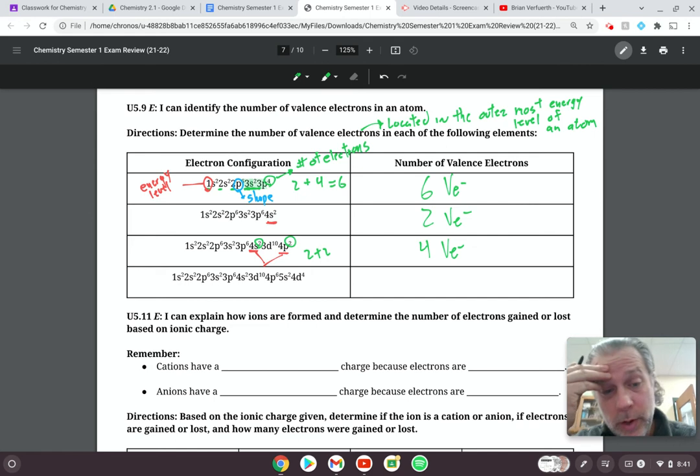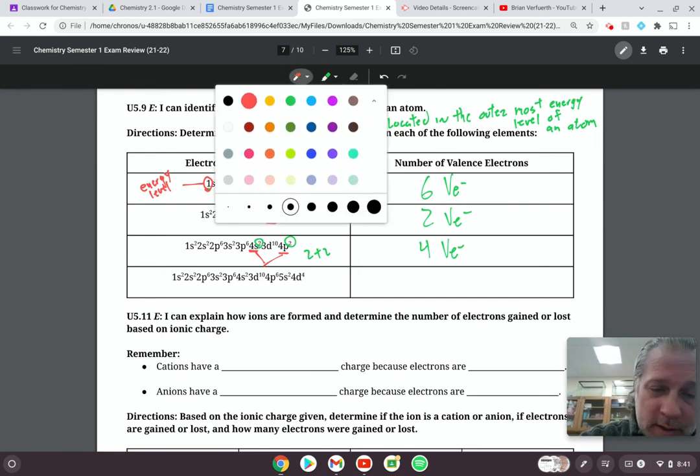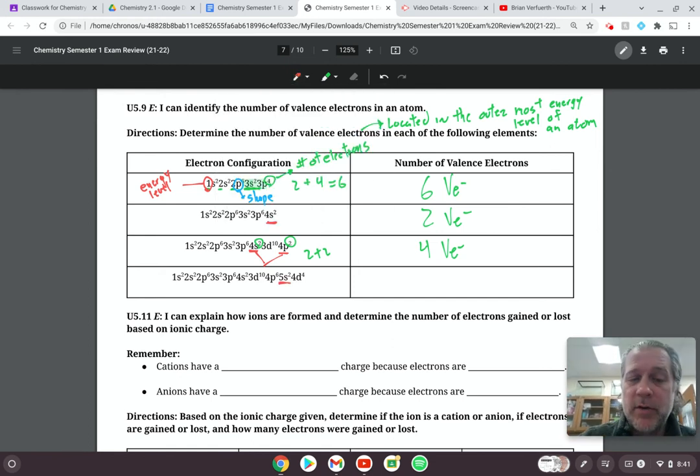And then in the last one, it's a 1s2, 2s2, 2p6, 3s2, 3p6, 4s2, 3d10, 4p6, 5s2, and 4d4. In this case here, my biggest energy level is the 5th energy level, and there happen to be a total of 2 electrons present, so my final answer here is going to be 2 valence electrons.